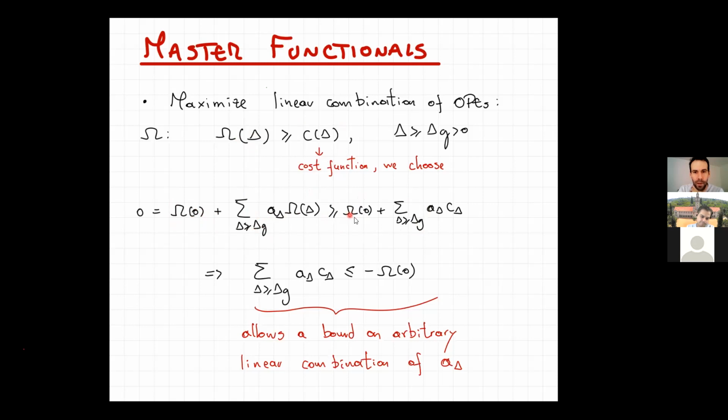And so from this, you learn that since this is positive, the sum of OPE coefficients is bounded by the action on the identity. Just because of this. So this allows a bound on arbitrary linear combinations of OPE coefficients, where the combination is labeled by these C deltas.